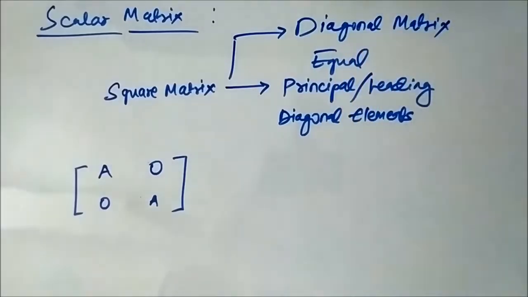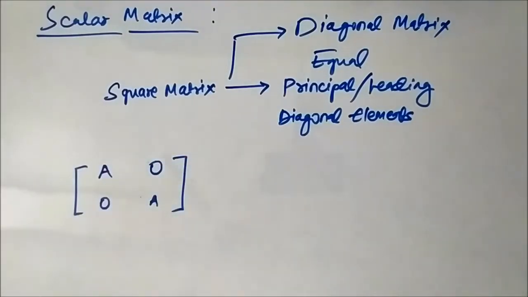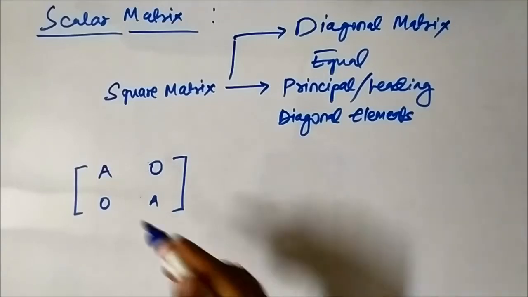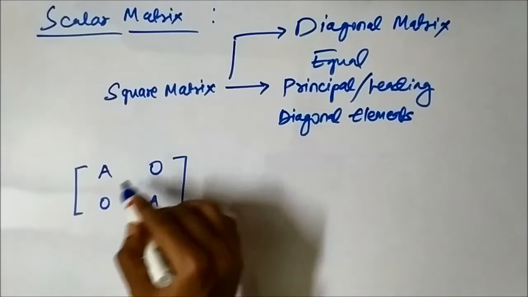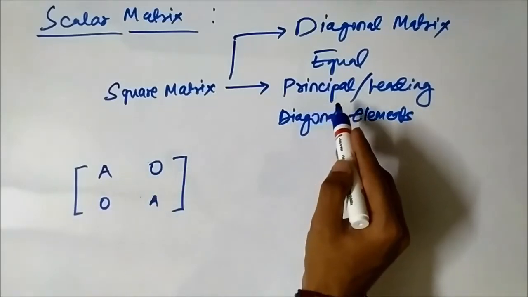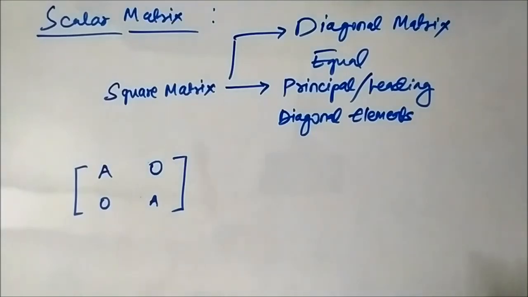Now we have already studied what a diagonal matrix is. In a diagonal matrix, all the elements except those in the principal diagonal are 0. The second condition added here is that the principal diagonal elements are also equal.